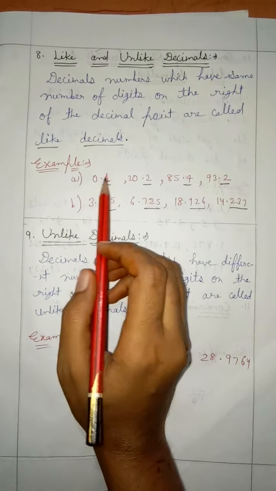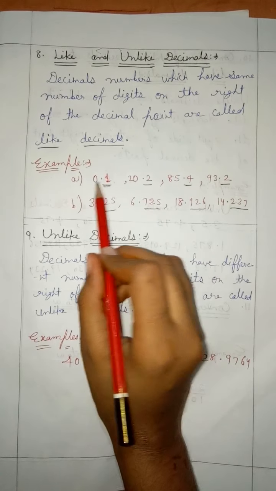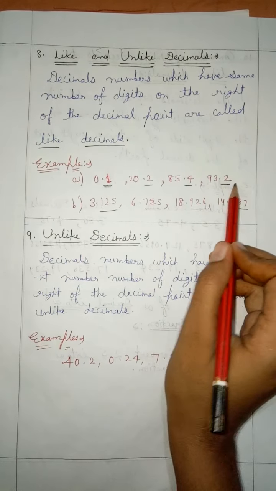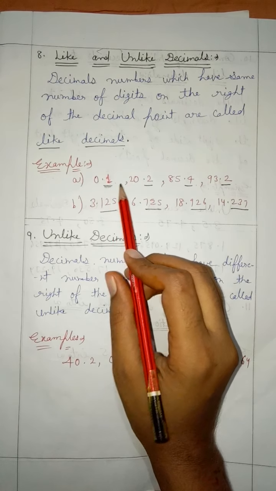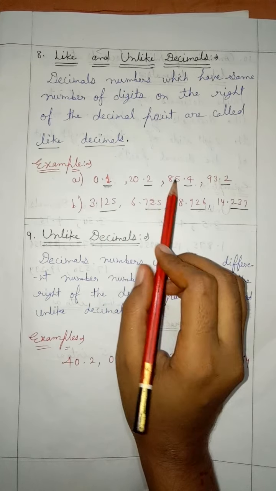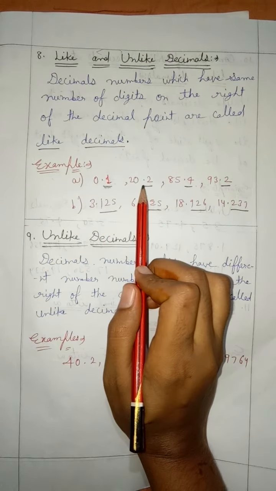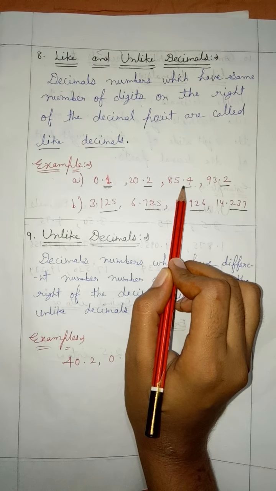Just like here in this example, after the decimal how many places? 1, in 0.1, 20.2, 85.4, 93.2. In these given fractions the decimal places are the same, so these are like decimals.